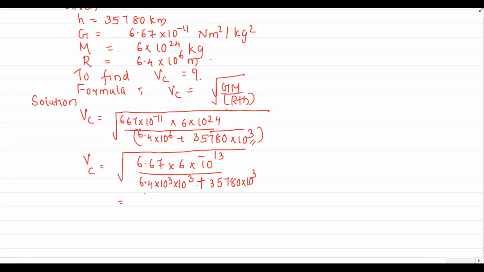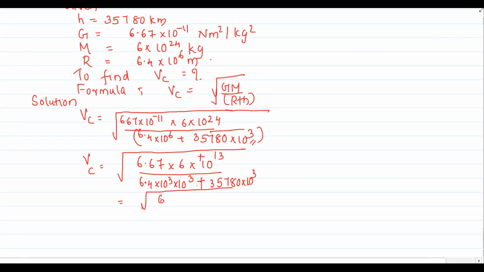This 10 raised to 3 means 1000 will come. So 6.4 into 1000 will become 6400. In the numerator, 6.67 into 6 will come 40.02, into 10 raised to plus 13.